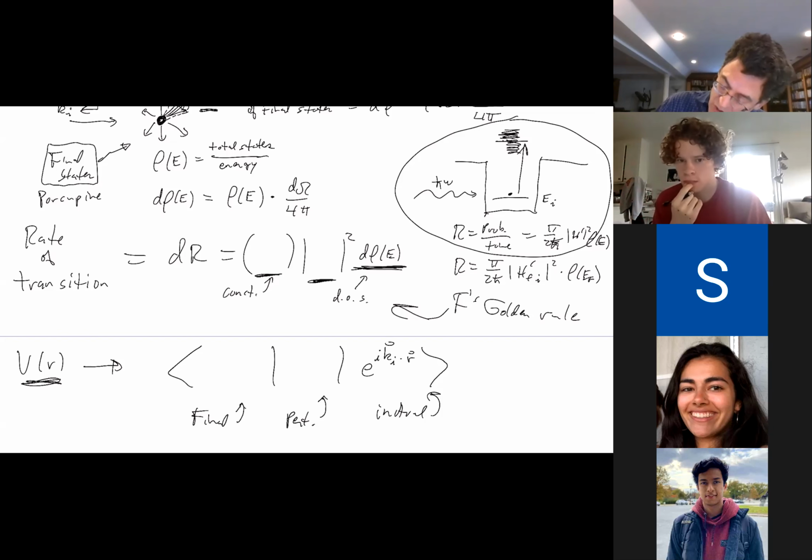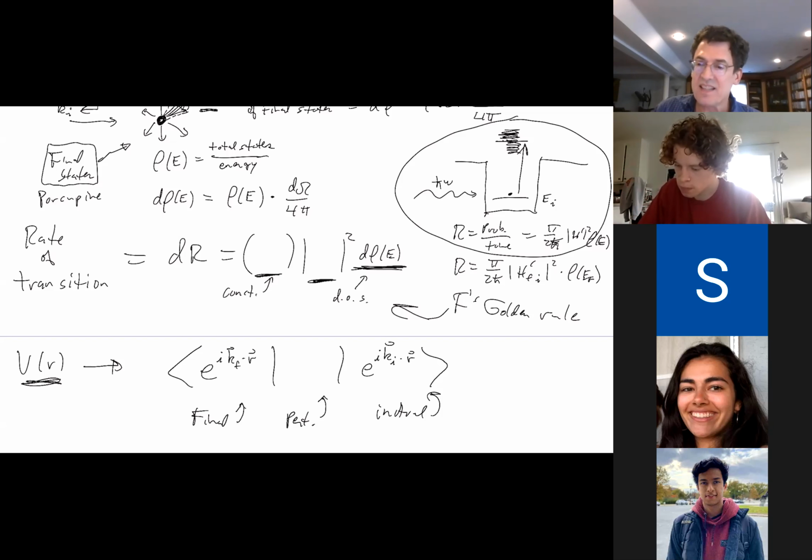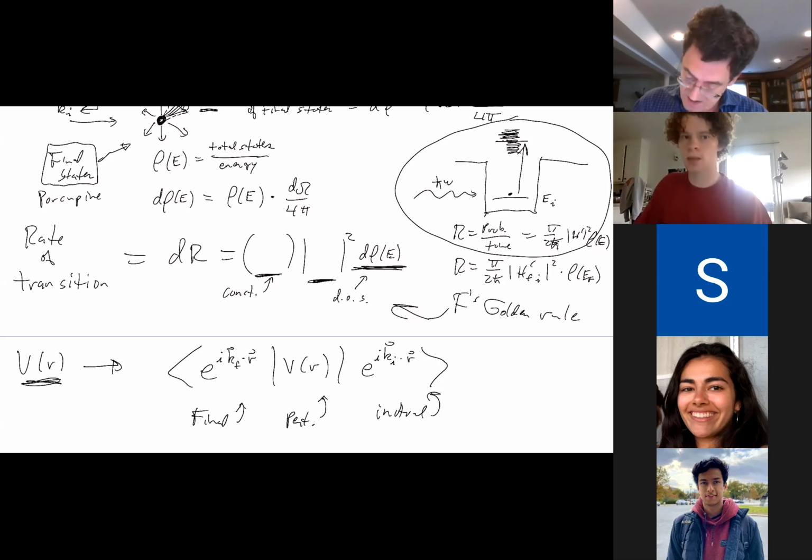The final state is going to be the outgoing wave, e to the i k final dot r. And the perturbation, the thing that's making it transition, that's the energy. It's the Hamiltonian. And what goes in there? V of R. Yes, exactly.